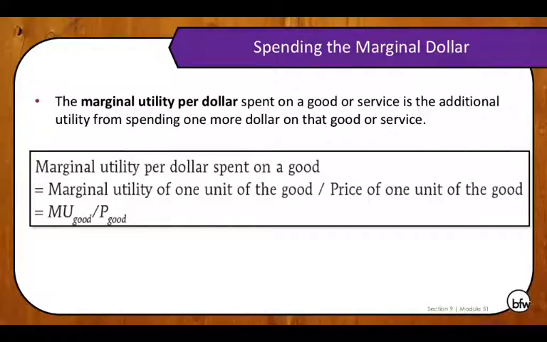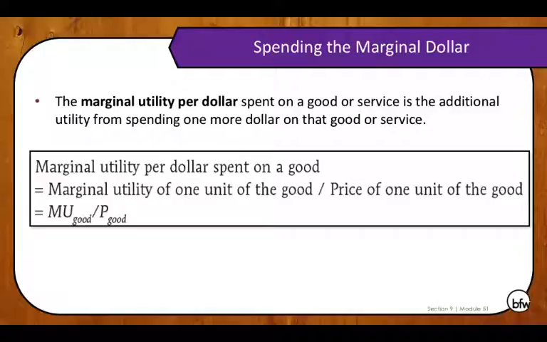Now, another way to think about Sammy's problem or Bruno's problem is to think about their spending decisions incrementally. If he has $1 to spend, how should he best spend that dollar? Should Bruno spend that dollar buying another notebook or another CD? Should Sammy spend that dollar purchasing another pound of potatoes or another pound of clams?